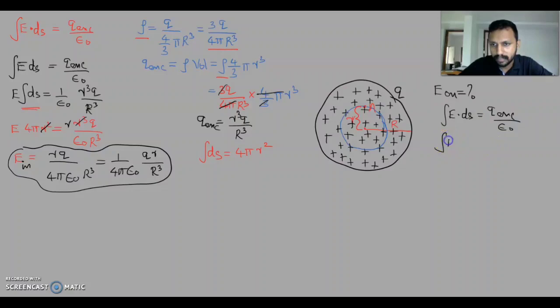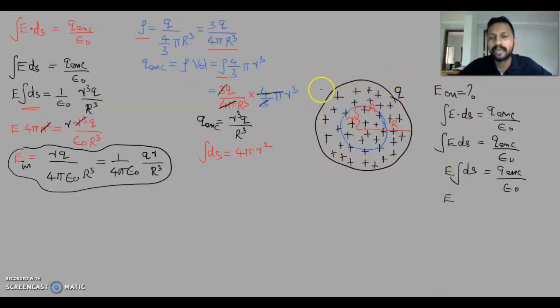Then we could write it as integral of E ds equals Q enclosed by epsilon 0, and E into integral of ds equals Q enclosed by epsilon 0. E is written as E itself. Integral of ds, now it should be the radius of the Gaussian surface, and if it is on the surface, we have to take the Gaussian surface also as a sphere of radius capital R.